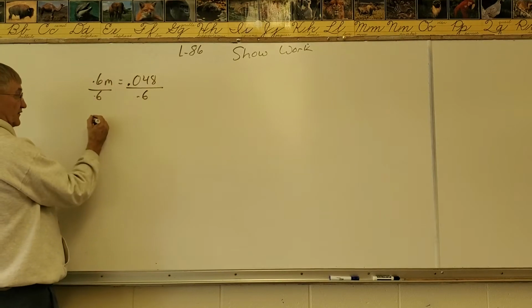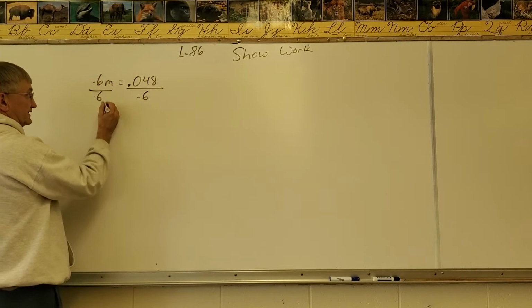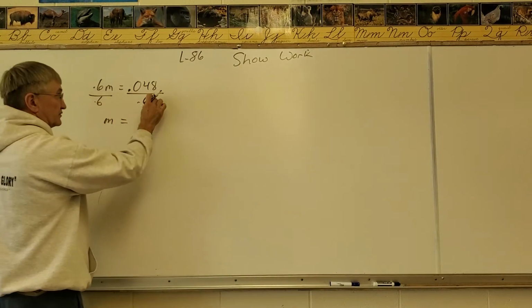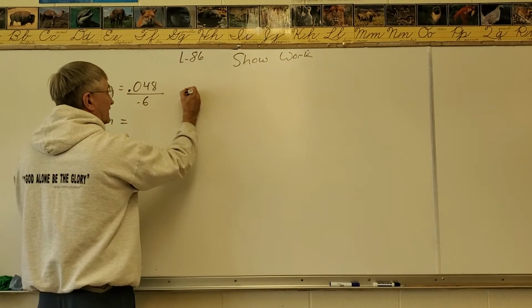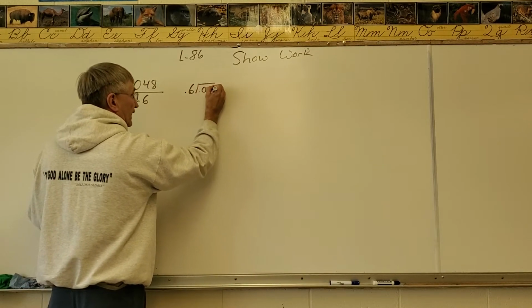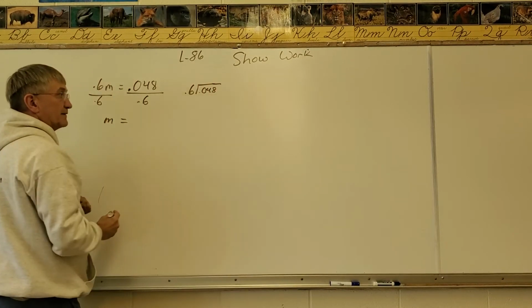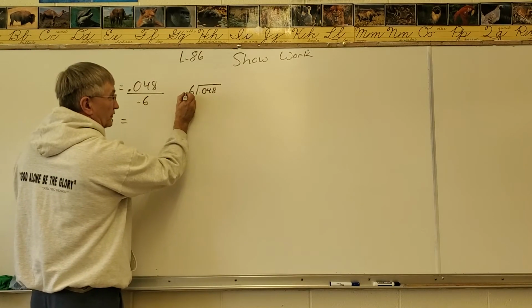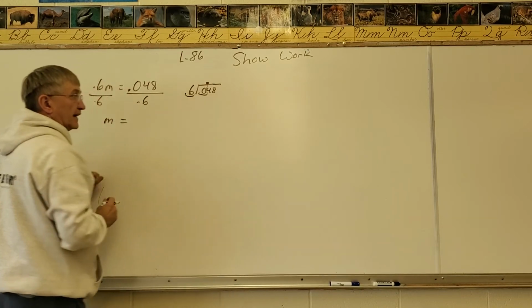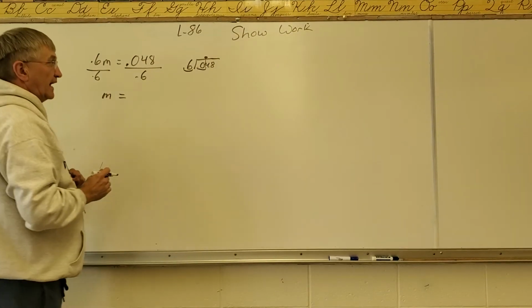This cancels itself out because 0.6 into 0.6 equals 1m, which is just m. Then I'm ready to show my work again. 0.6 into 0.048. Now I have to keep track of my decimals. Move the decimal over 1, move it over 1, and up. That's following the rule.